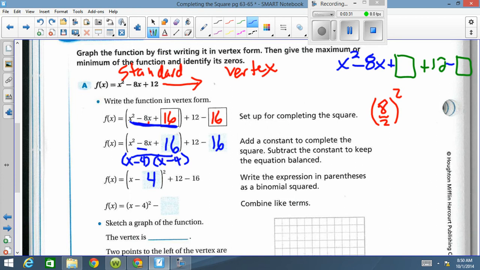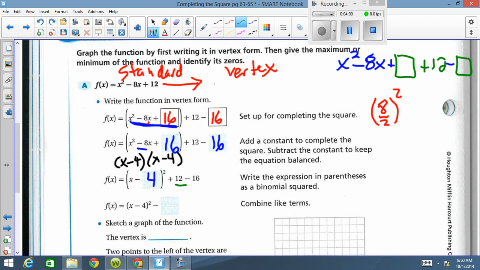Because when I multiply that out, that gives me x squared minus 8x plus 16. So we kind of skip over the factoring piece there because we already have the shortcut in place. This is x minus 4 times x minus 4, and we write that as x minus 4 squared. So that's the completing the square part.